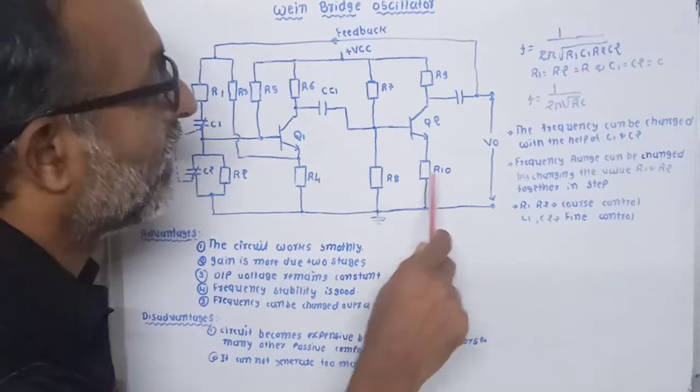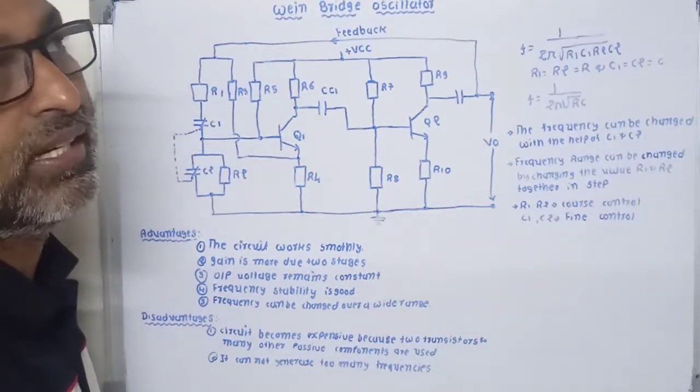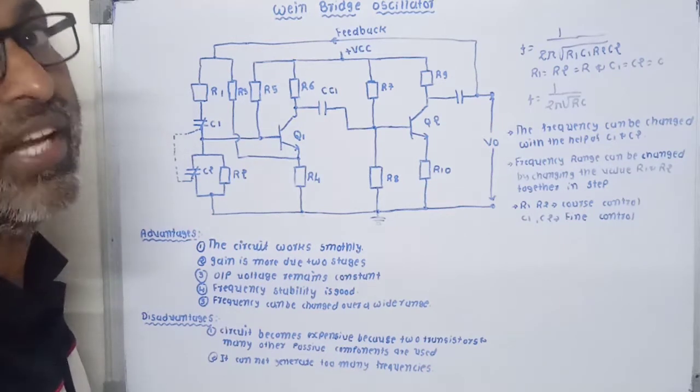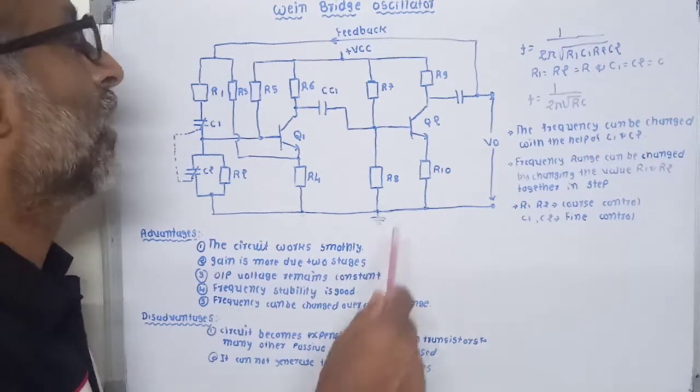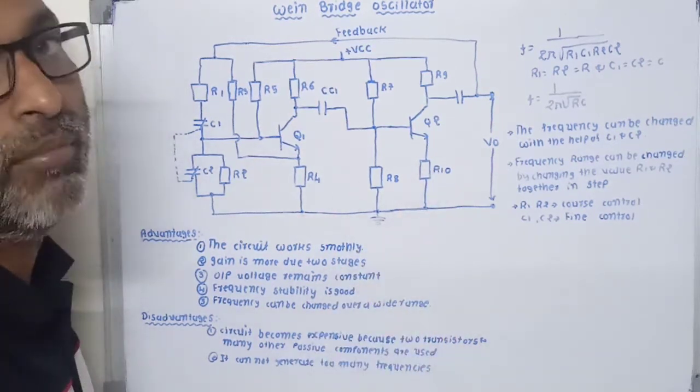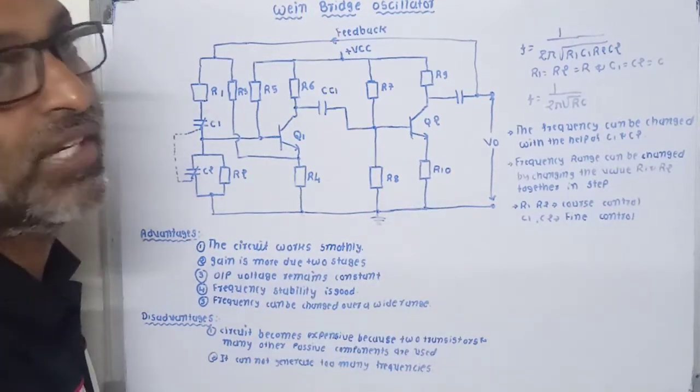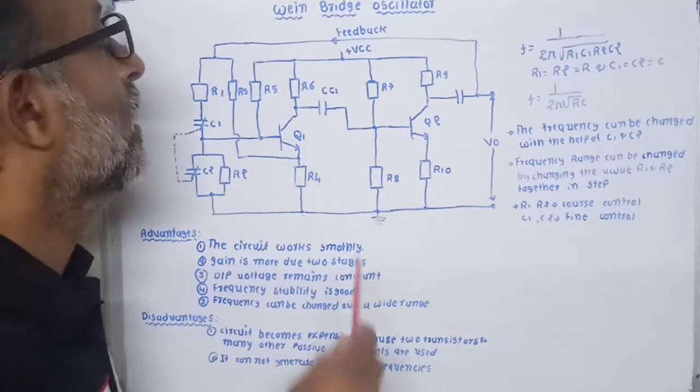Here R10 is an emitter resistance, which is used to provide higher gain stability. Here we are also not connecting an emitter capacitor in parallel with this resistance RE. That means we obtain negative feedback.